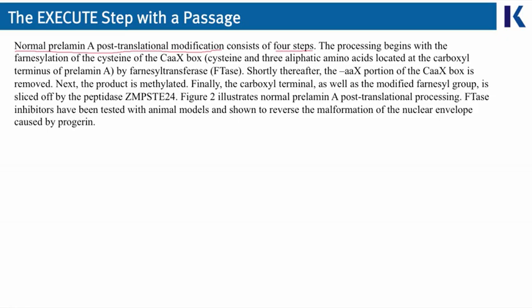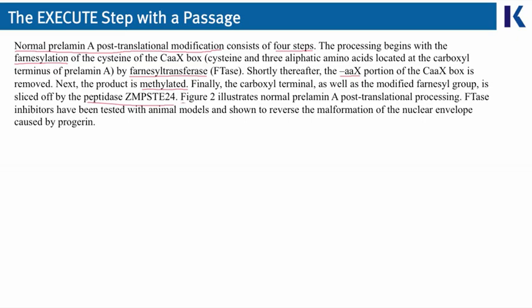The first step is the farnesylation of a cysteine residue in the protein by an enzyme called farnesyltransferase, or FTase. We're then told in the second step that a small portion at the carboxyl end of this protein is removed. And then, for the third step, that product is methylated. Finally, for our fourth step, a larger portion of the protein is cut off by a peptidase called ZMPSTE24.